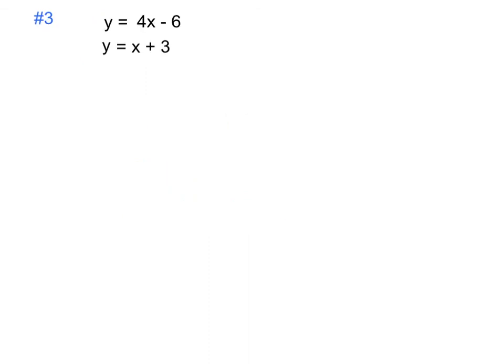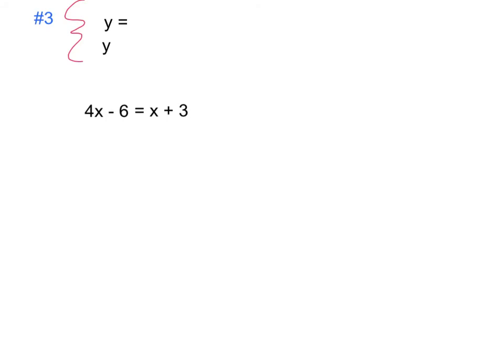Alright, let's take a look at our final example here. My system has y equals 4x minus 6 and y equals x plus 3. Again, y equals 4x minus 6 and y is equal to x plus 3. So I can set 4x minus 6 equal to x plus 3.